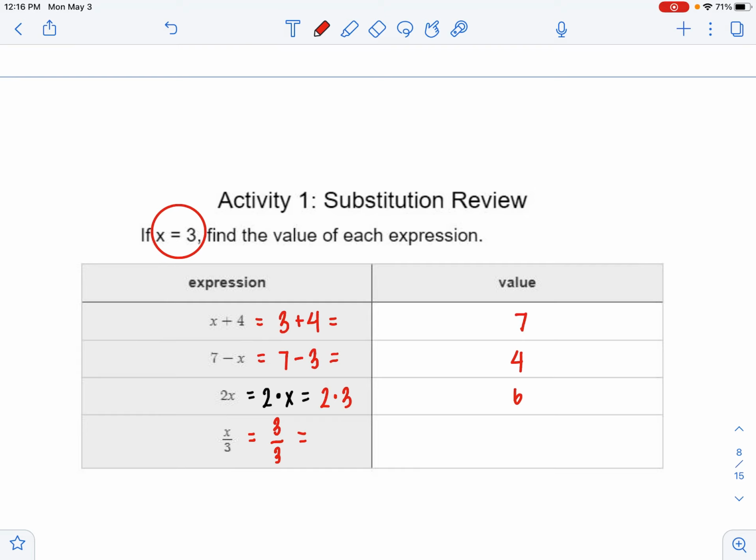And 3 over 3 is actually the same thing as 3 divided by 3. Or you might just know that because we have the same numerator and denominator, that is equal to 1. So the takeaway from this part of class is that when we know the value of x, all we need to do is go to our expression and replace x with whatever number we know it's equal to.